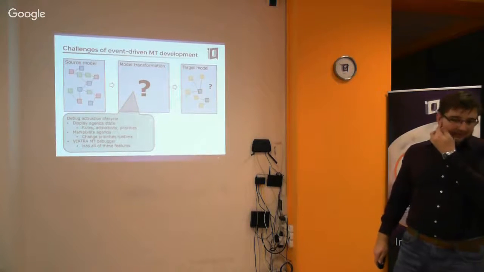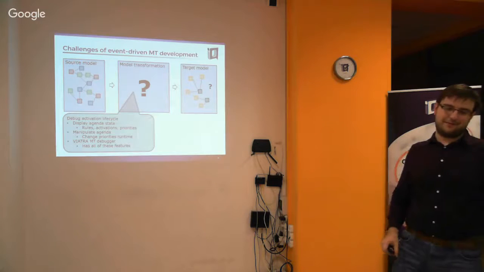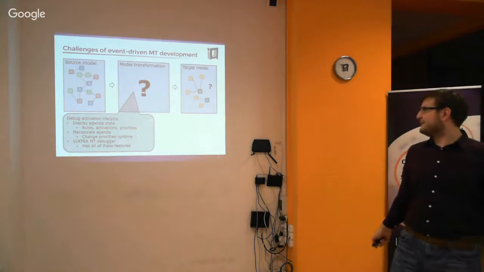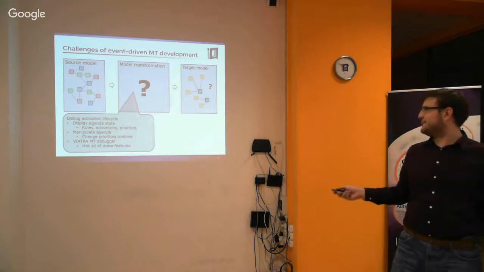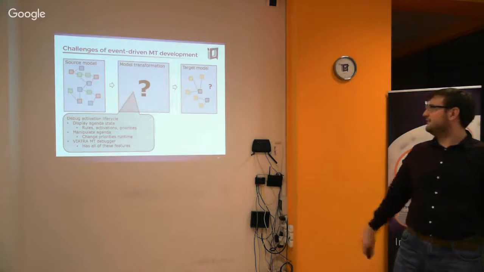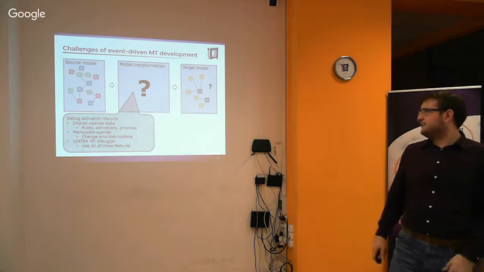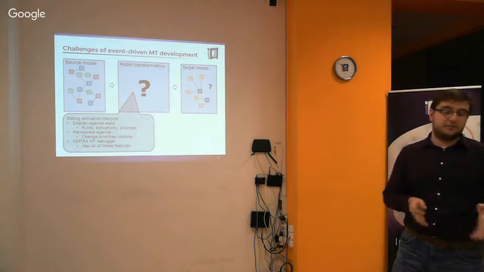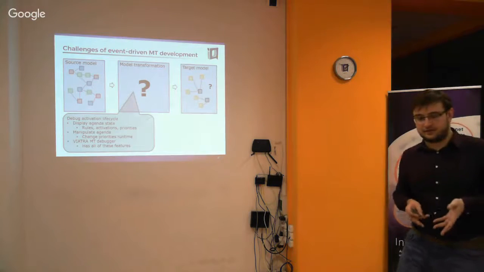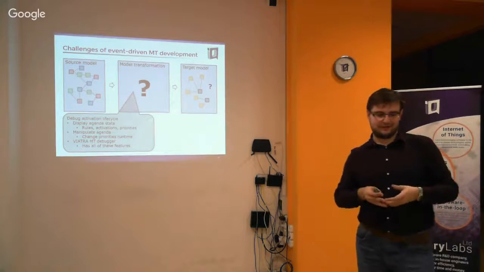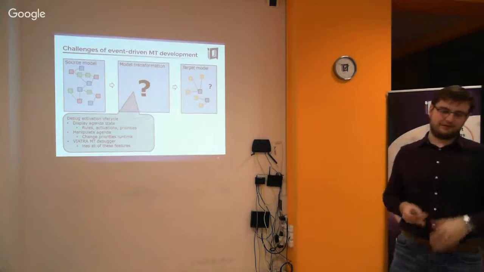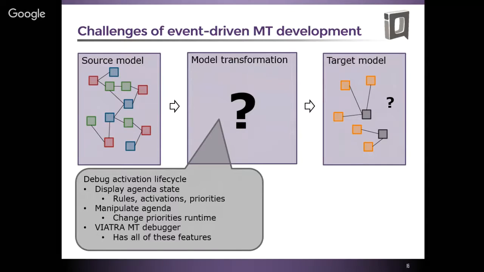Finally, debugging the model transformation lifecycle. To achieve this, the model transformation developer needs to observe the internal structure of the model transformation. And this way, as I mentioned before, the model transformation agenda should be displayed, and it's also beneficial for the model transformation debugger to be able to manipulate the state of the agenda as well.